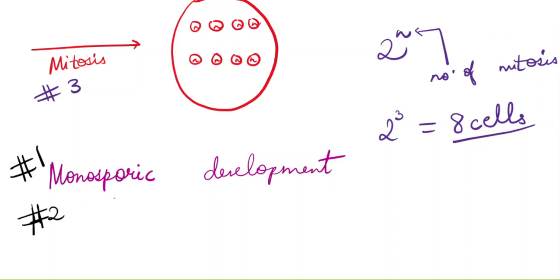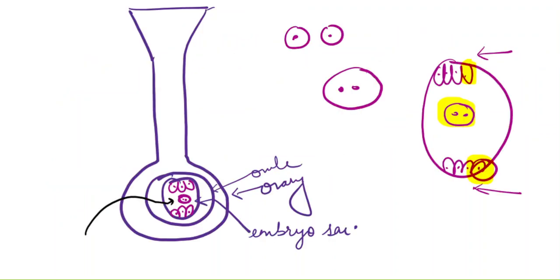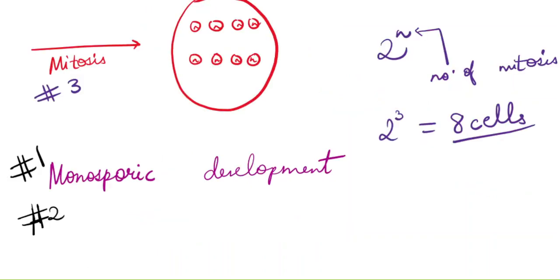So development is endosporous within the megaspore, and that megaspore is present inside the embryo sac. Embryo sac is present inside the ovule. Ovule is present inside the ovary. So the development here is endosporous, inside the spore. Endosporous development. Okay, so these two words you should know.